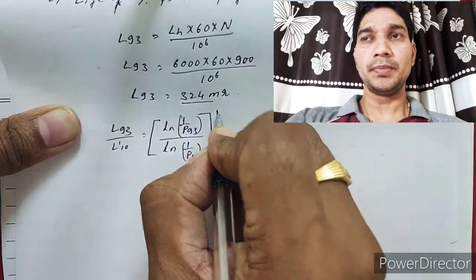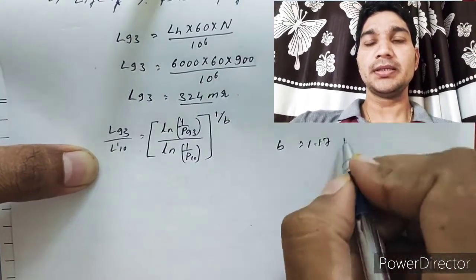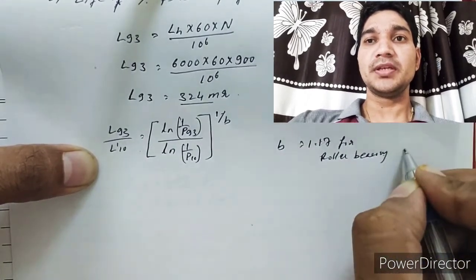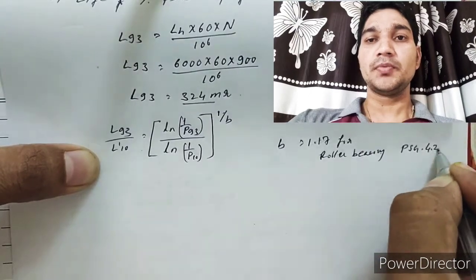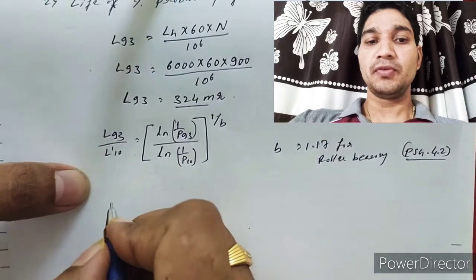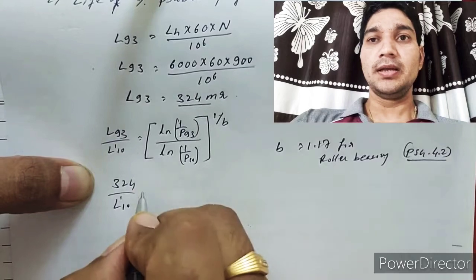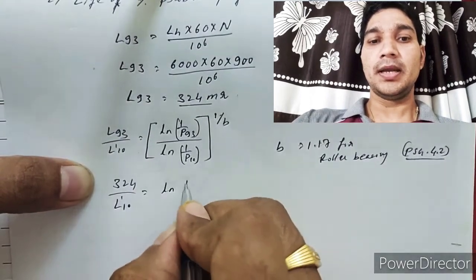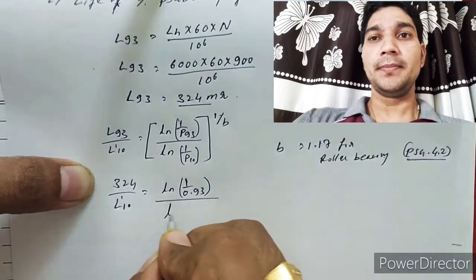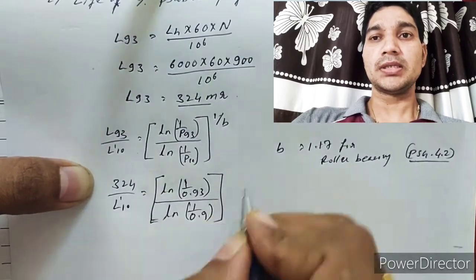Find out L10 from L93 by L10, which equals ln(1/P93) divided by ln(1/P90), whole raised to 1/b. Here b is 1.17 for roller bearing from PSG 4.2. Substituting the values, 324 divided by L10, which we have to identify, equals ln(1/0.93) divided by ln(1/0.9), whole raised to 1/1.17.